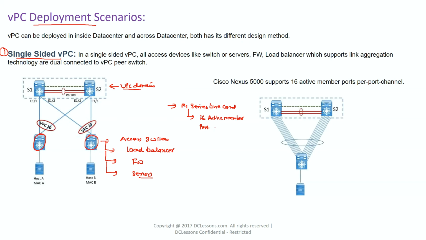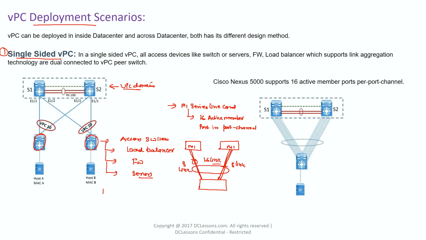So if this is your Nexus box with an M1 card, and this is also having an M1 card, and this is your server or anything, you can have 8 links here and 8 links here, and you can bundle them all to have 16 links, right?